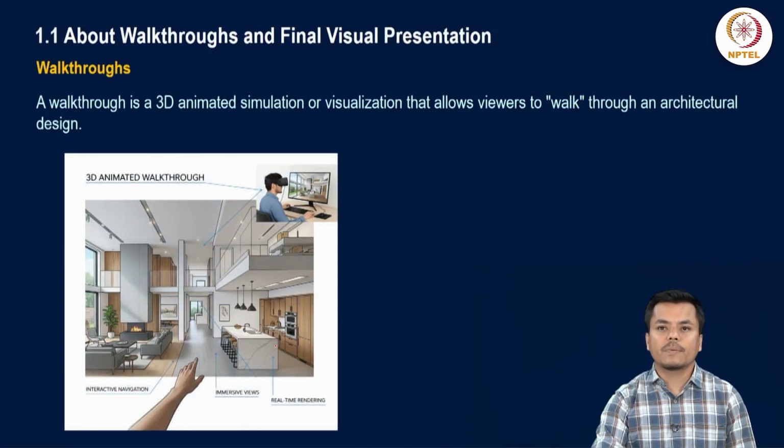So here in this presentation, now let us focus on walkthroughs and final visual presentation. Before we proceed further, let us understand what is actually a walkthrough. A walkthrough is a 3D animated simulation or visualization that allows viewers to walk through an architectural design.